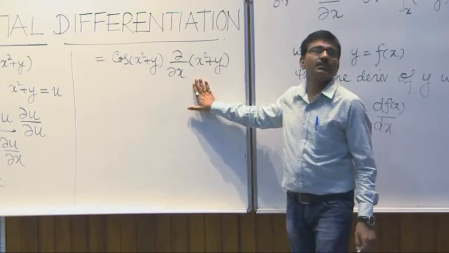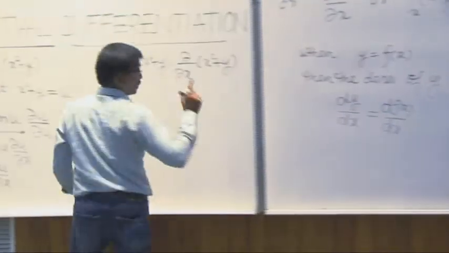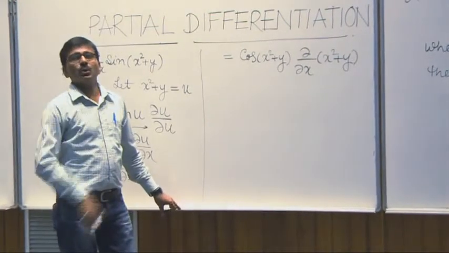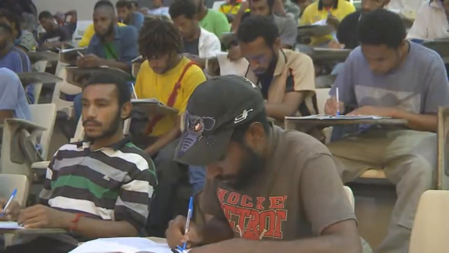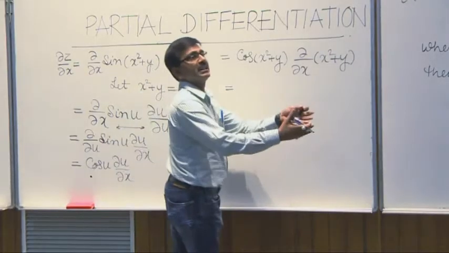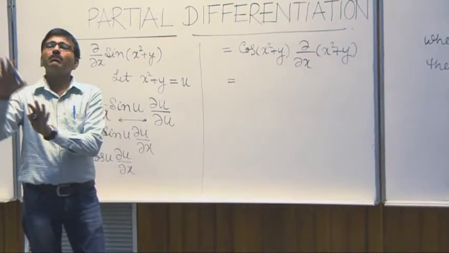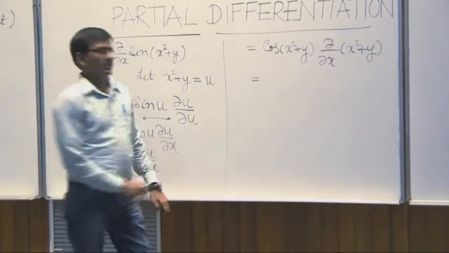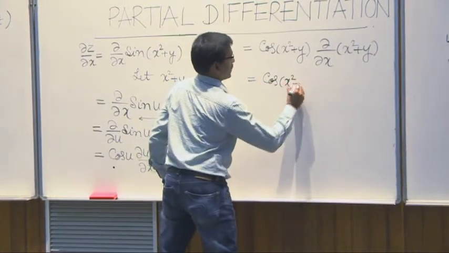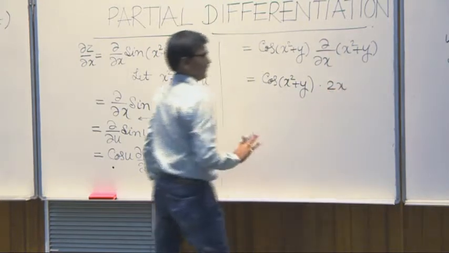What will be the derivative? 2x. Okay, that's it. That's why I told you partial differentiation is easier than total differentiation. It seems that we are dealing with many variables, but we are dealing with them one by one. Cos x square plus y, and this will be 2x, that's all.